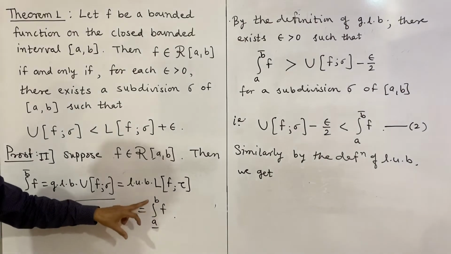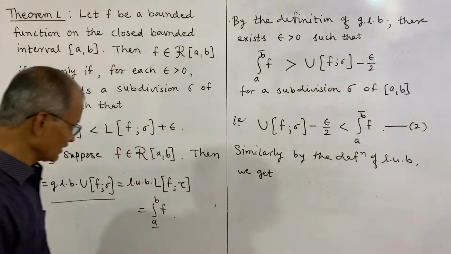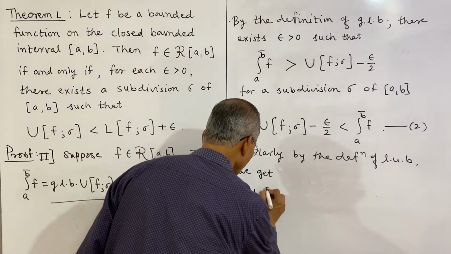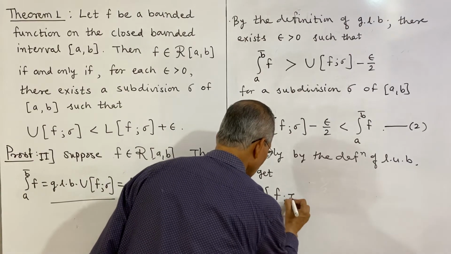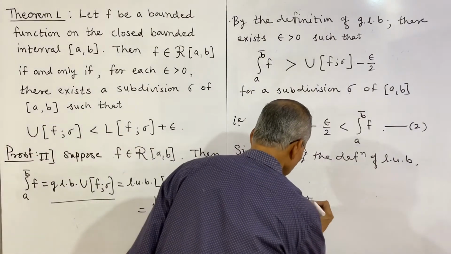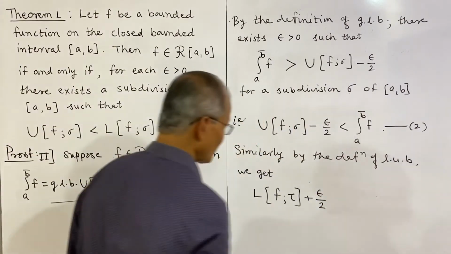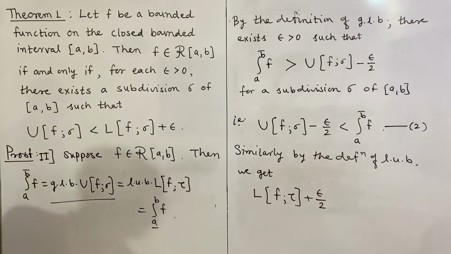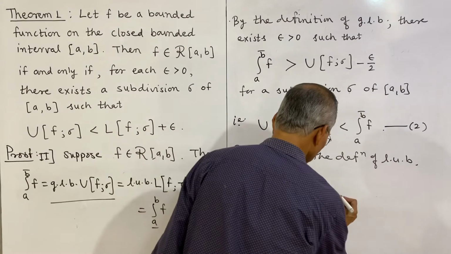So if we increase the lower sum of f on tau by epsilon by 2, that becomes greater than the lower integral.